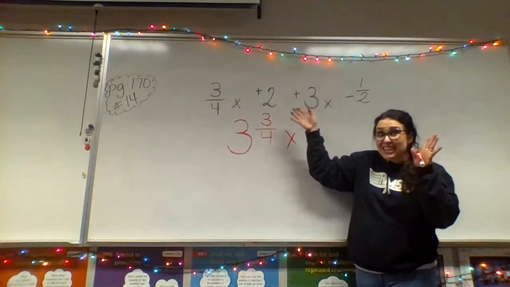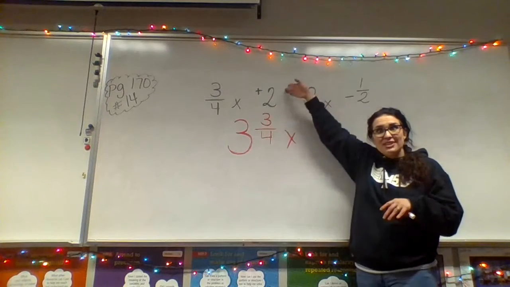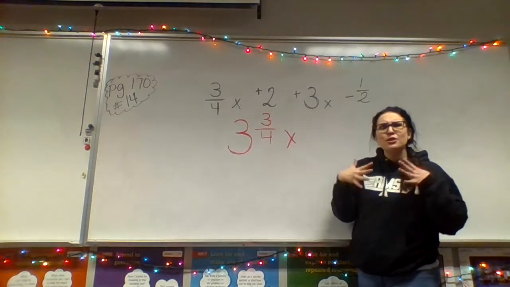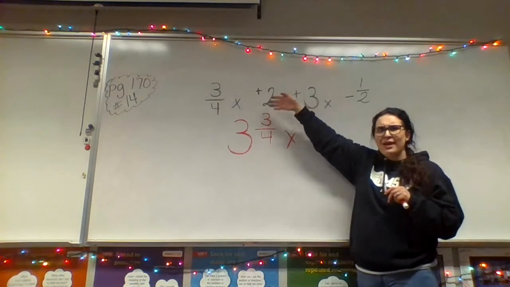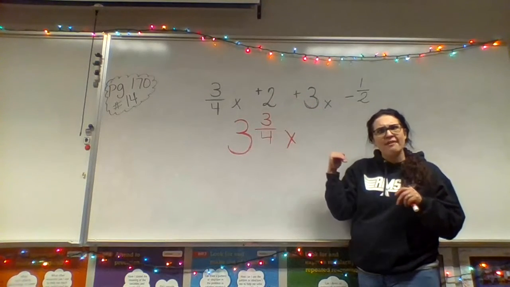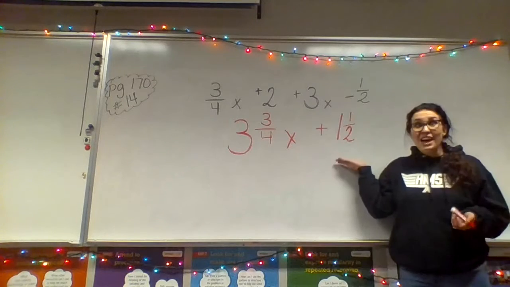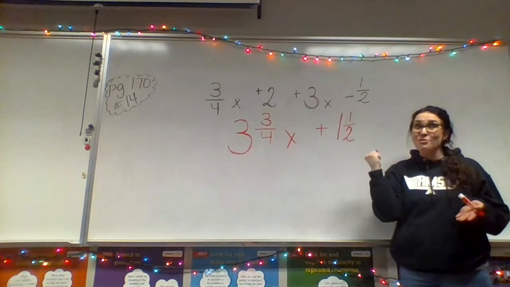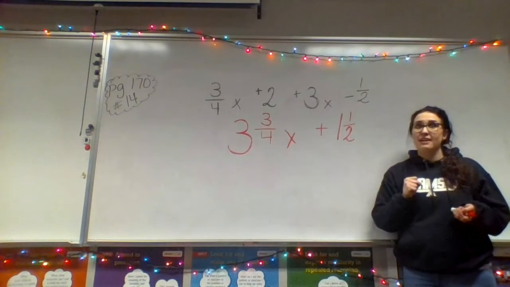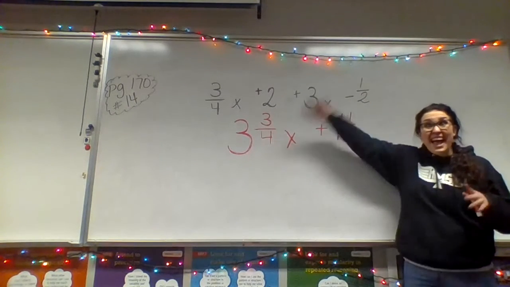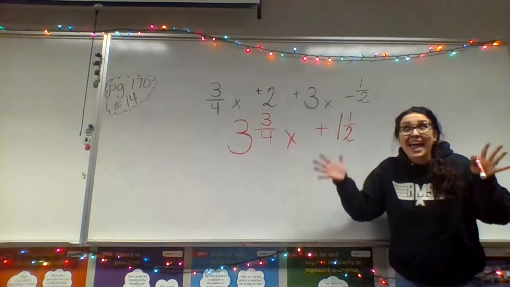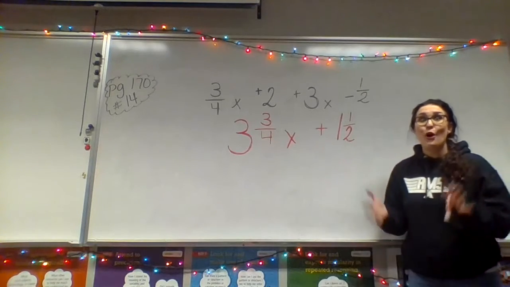But we're not done quite yet because remember, we said that 2 and 1/2, those are also like terms. So think about it. If I have a positive 2 and then I subtract 1/2, what would I actually be adding? I would actually only be adding 1.5, because if I take half away from 2, I just have 1.5 left. So my friends, you just tackled an expression that had fractions in it, which was so great.